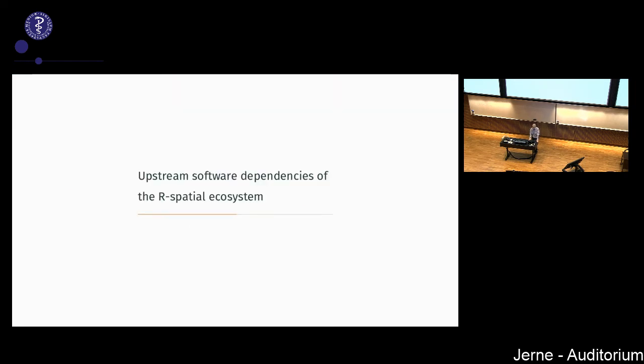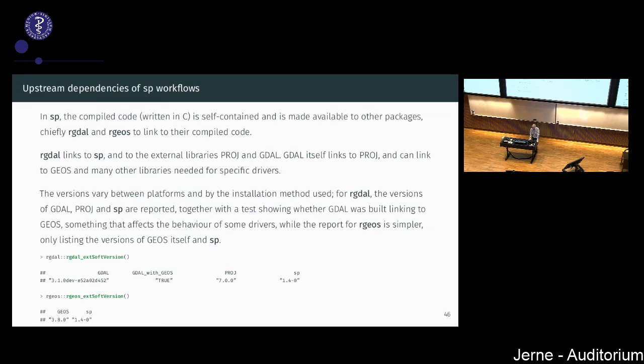So where is the pain coming from at the moment? This is the extra 5 minutes. What happens if you build R packages depending on external software? We did this for both GDAL, which I pronounce not G-D-A-L but GDAL, and GEOS.